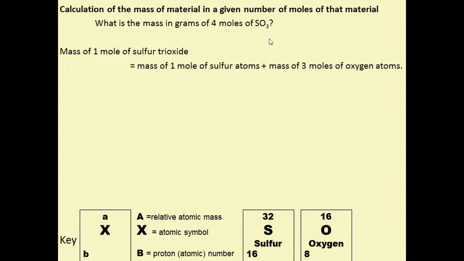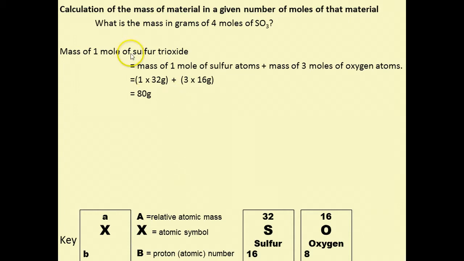We can find out the mass of 1 mole of sulfur atoms and also the mass of 1 mole of oxygen atoms from our periodic table. So 1 mole of sulfur will have a mass of 32 grams and 1 mole of oxygen atoms will have a mass of 16 grams. If we do our calculation, we can find out the mass of 1 mole of sulfur trioxide is 80 grams.